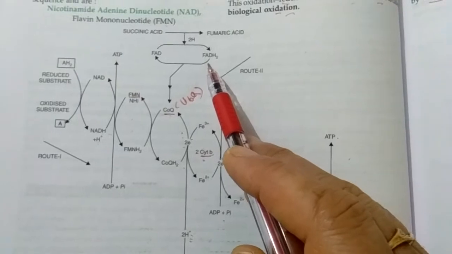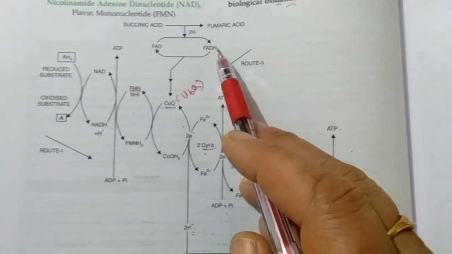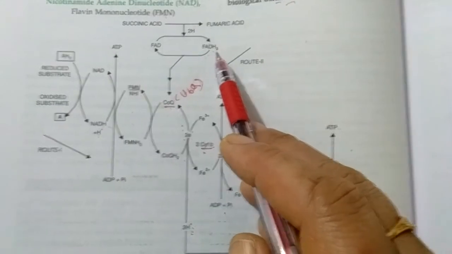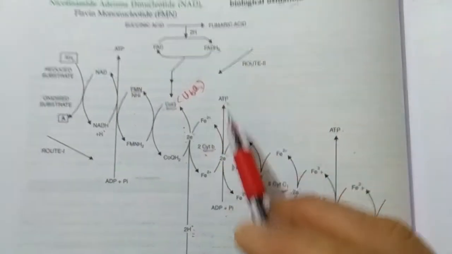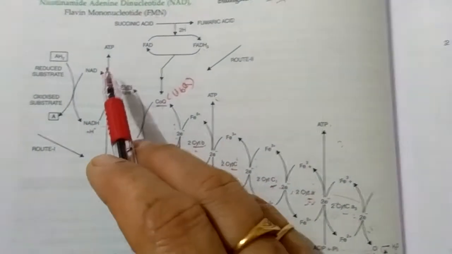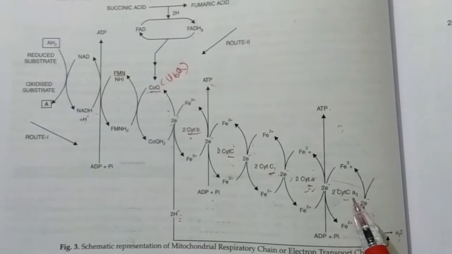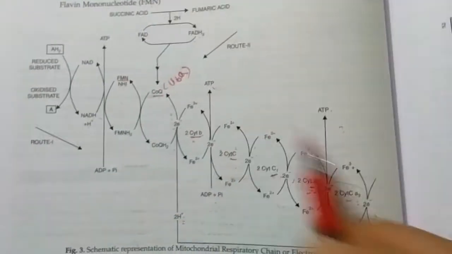So when the electron is released from the hydrogen ion of this FADH2, then only 2 ATP will form. But when the NADH2 electron has passed down the descending stairway, then 3 ATP were formed.